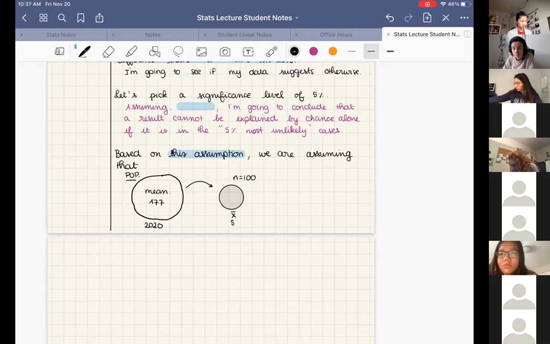Now, because my sample has more than 30 observations, I can use the central limit theorem, and I can conclude that x bar minus the mean, divided by s over square root of n, which is 100, is going to follow a normal distribution with parameters 0 and 1.